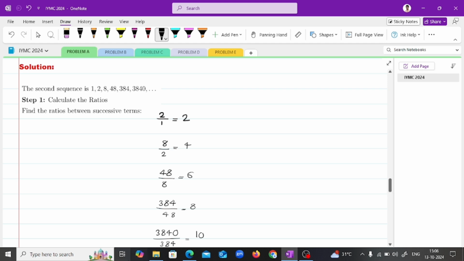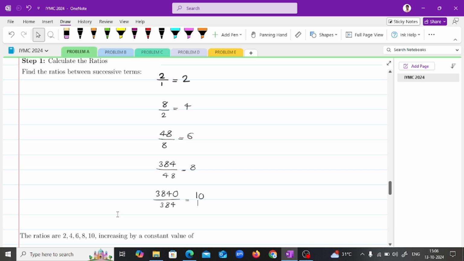So the ratios are 2, 4, 6, 8, 10, increasing by a constant value of 2.